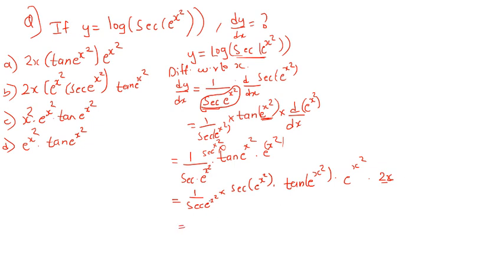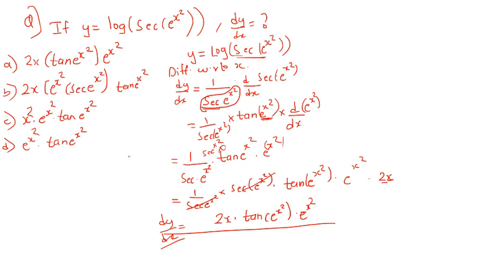So the secant e to the power of x squared cancels, and we are left with 2x into tan e to the power of x squared into e to the power of x squared. This is the final step which we get by differentiating, dy by dx.